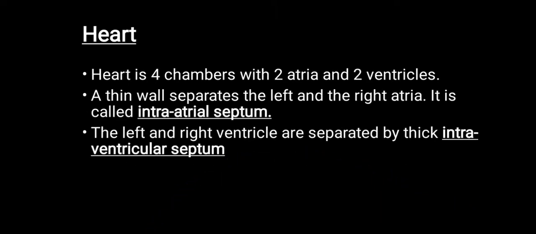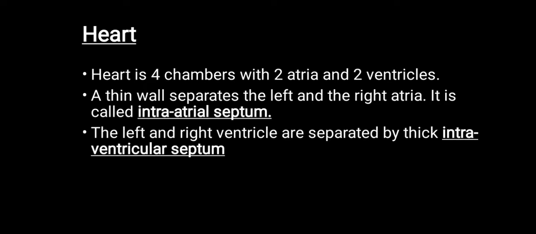The human heart is four-chambered, two atria and two ventricles. A thin wall separates the left and right atria. We have learned in class 10 there is complete separation of the right half and the left half.